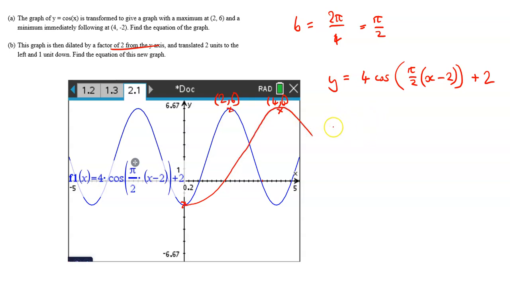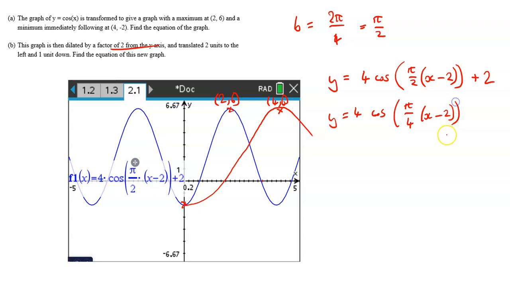Now, if we apply this approach naively, we would say it's 4 cos, and a factor of 2 means we are dividing by 2, so it's going to be pi divided by 4.